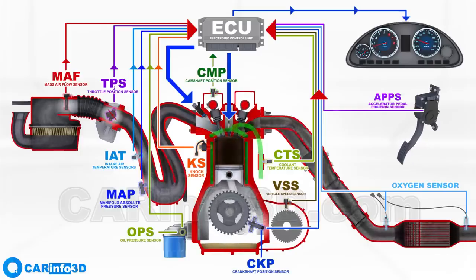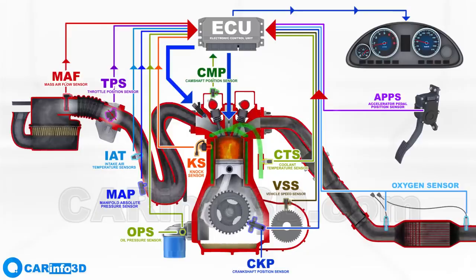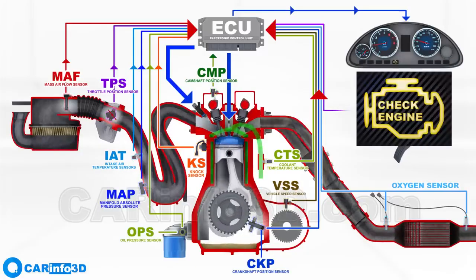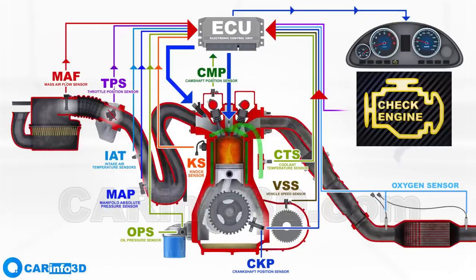When the ECU detects erroneous or missing signals from the sensors during self-diagnostics, it alerts the driver with a warning light on the dashboard. This light may also indicate other issues. To discover the cause of the warning light, read the error code from the electronic control unit. This concludes our review of the sensors used in gasoline internal combustion engines.